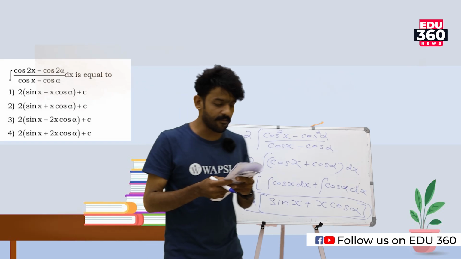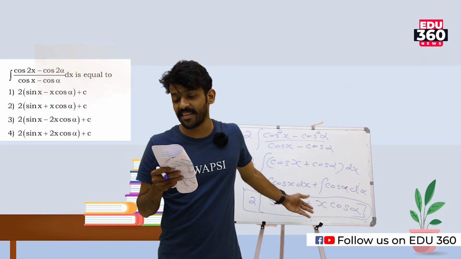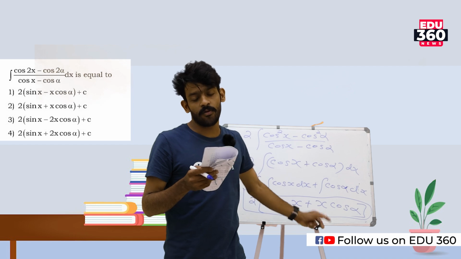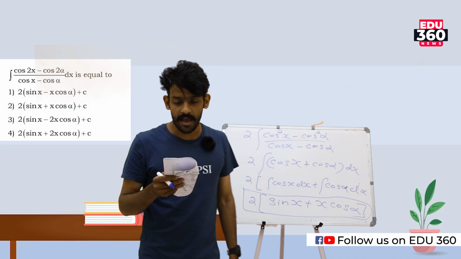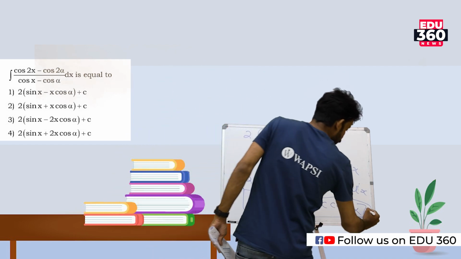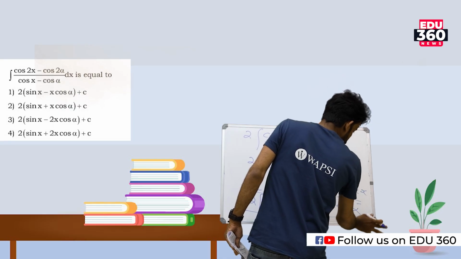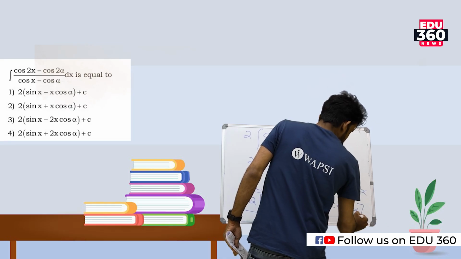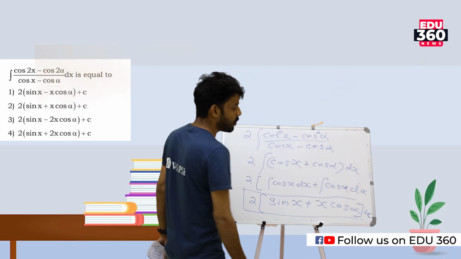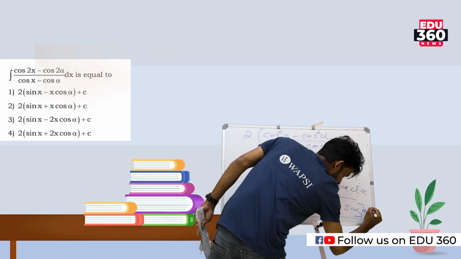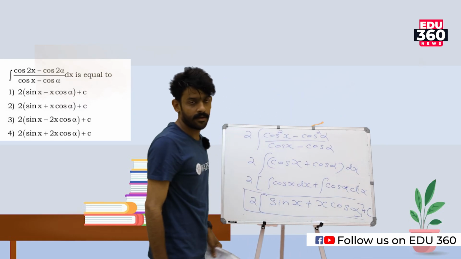Going through the options, you can see that the second one is the correct answer, that is 2 sin x plus x cos alpha plus c. Yes, I forgot to write the c after the integral. For every integral, after every operation, we need to write the plus c.